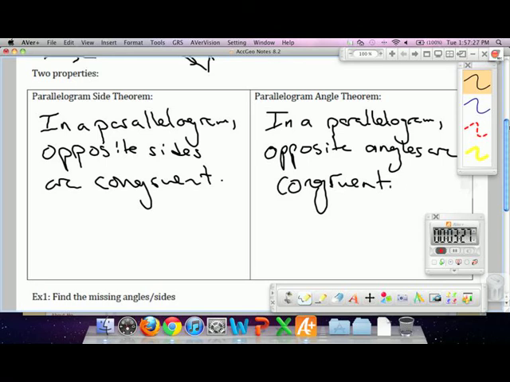So for example, in this parallelogram, any pair of opposite sides are congruent. So these two sides are the same length. Those sides are the same length.